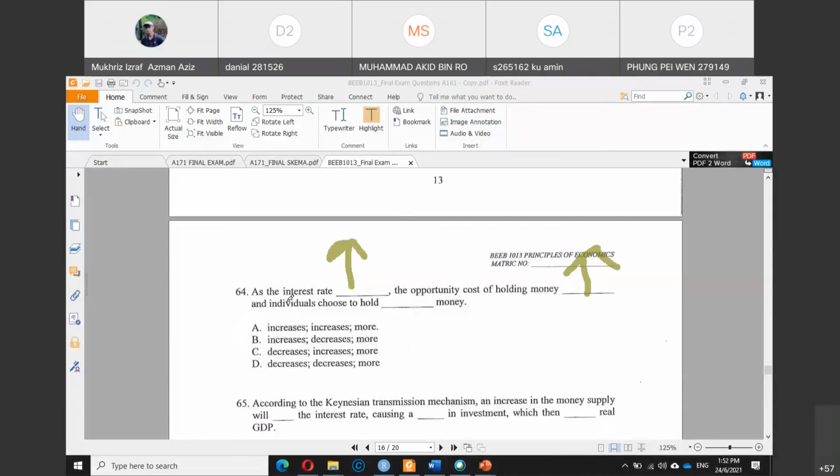If you keep more money in your wallet rather than put it in the bank, you are losing more dividend. So the opportunity cost of holding money increases, because by holding more money, you are losing more dividend. That is what is meant by the opportunity cost of holding money.